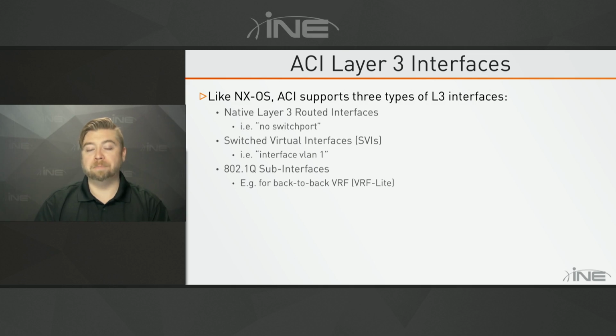Now we'll see that from the configuration point of view, as usual within the scope of ACI, even though we're ultimately doing the same thing behind the scenes, like no switchport or interface VLAN, the configuration steps are going to be much different. And as we saw in the layer 2 section, if you don't know how the objects are connected together, that's going to be the biggest shortcoming, or the biggest hurdle or learning curve to get over in the ACI system.